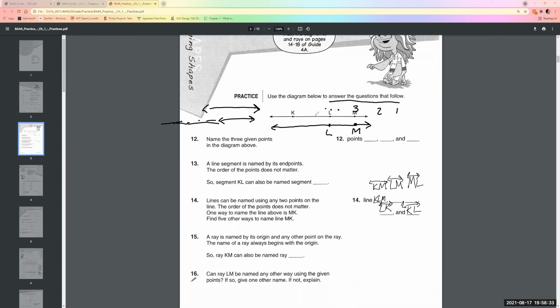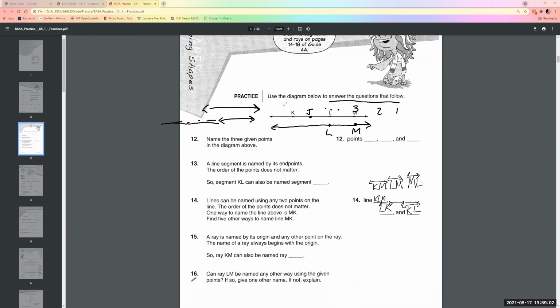So if I added another point here, let's just put J here, then this could have also been line J to M, because a line between J and M will also cross K and L because they go on forever. Does that make sense, or are you still a little lost? I think that makes sense.